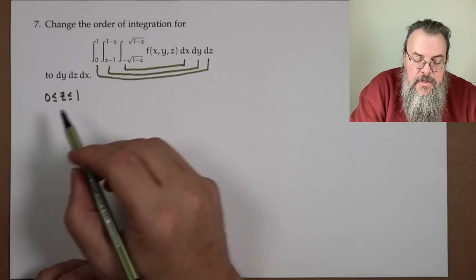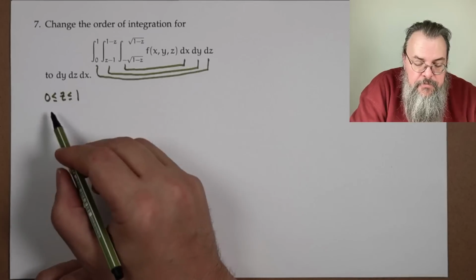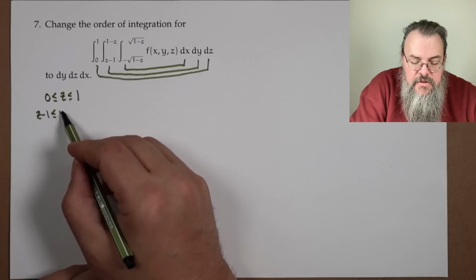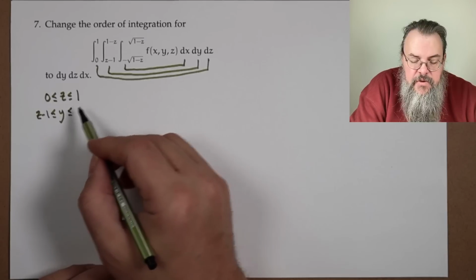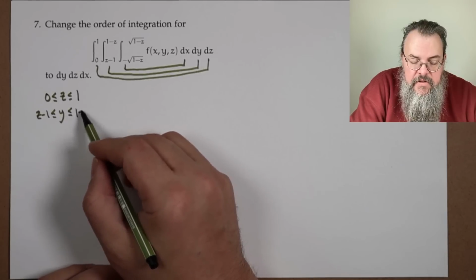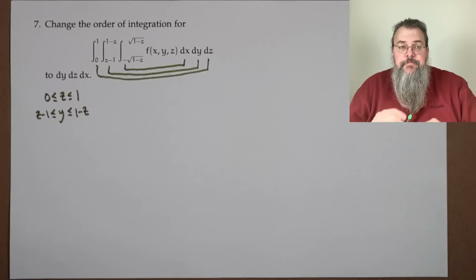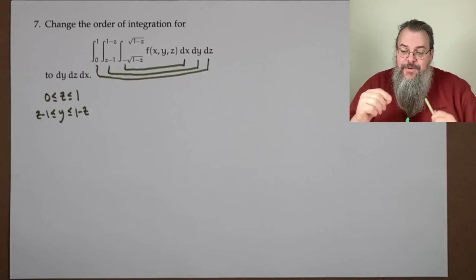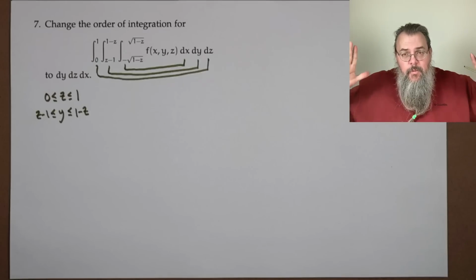And now the next layer tells us about y. It tells us we go from z minus 1 less than or equal to y less than or equal to 1 minus z.